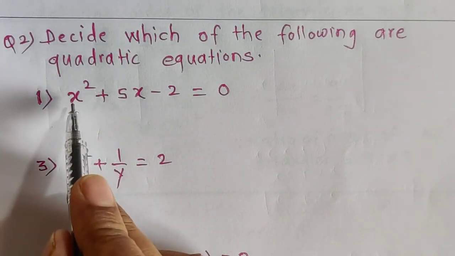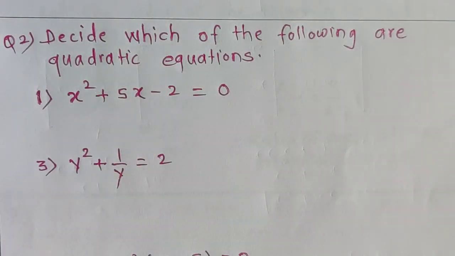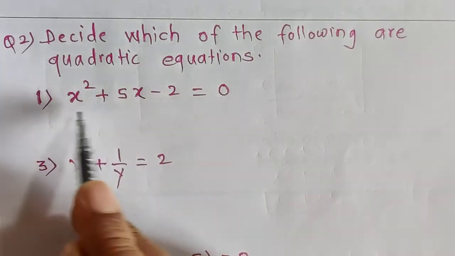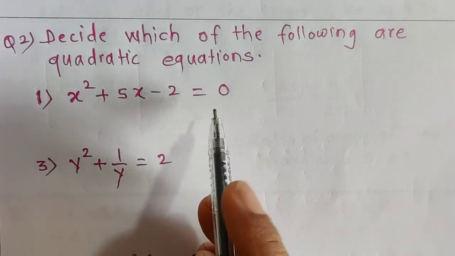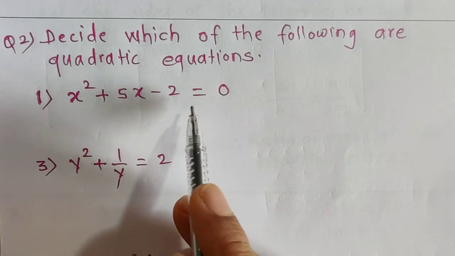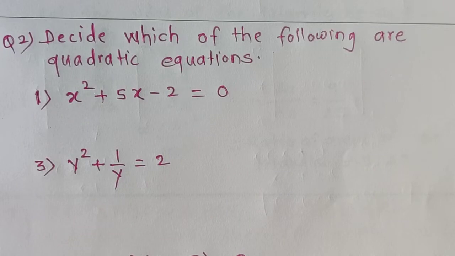So here, x square plus 5x minus 2 is equal to 0. If we observe this equation, it is already written in standard form. Standard form means in the decreasing order of the indices, and all the terms are on the left hand side, with 0 on the right hand side.